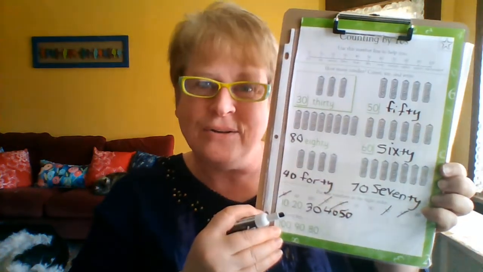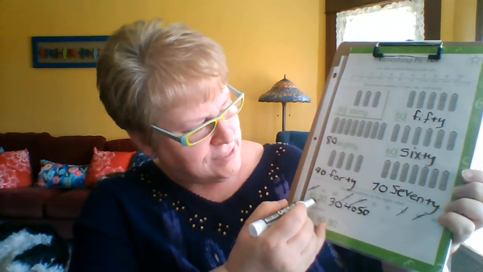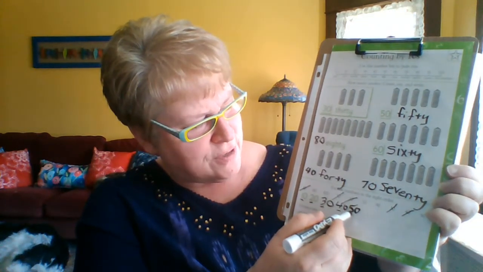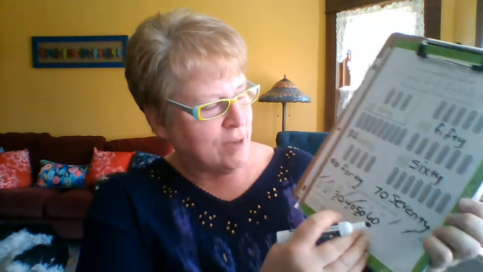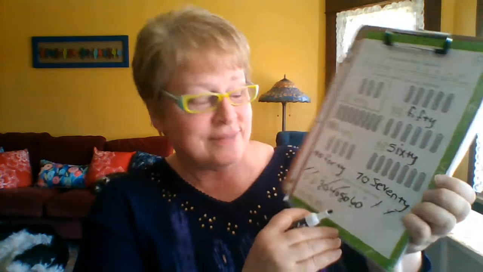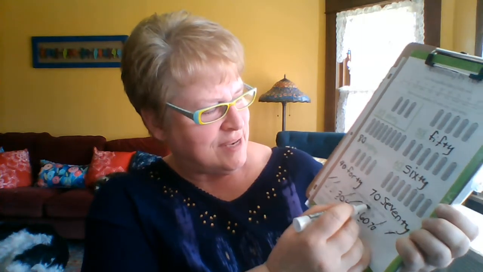Now we can see a pattern that's happening here too. 1 10, 2 10s, 3 10s, 4 10s, 5 10s. How many 10s are going to come next? You got it. 6 10s. So 6 10s, 0 1s is 60. What's next? If we have 6 10s, how many 10s will come next? Yes, 7 10s. So we get 70. All right. Now, after 7 10s, yes, 8 10s.